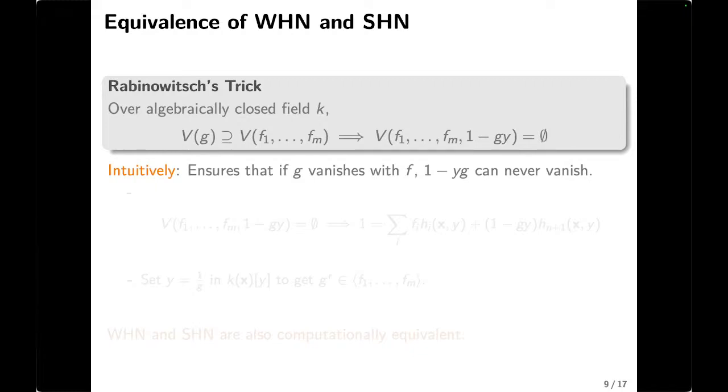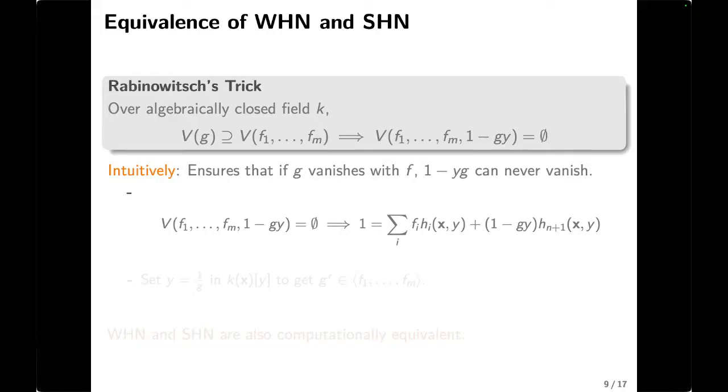Intuitively this works because suppose the left-hand side holds: if the fi's were vanishing and g was also vanishing, there is no way that 1 minus gy can vanish. So there can be no common root of this new system.